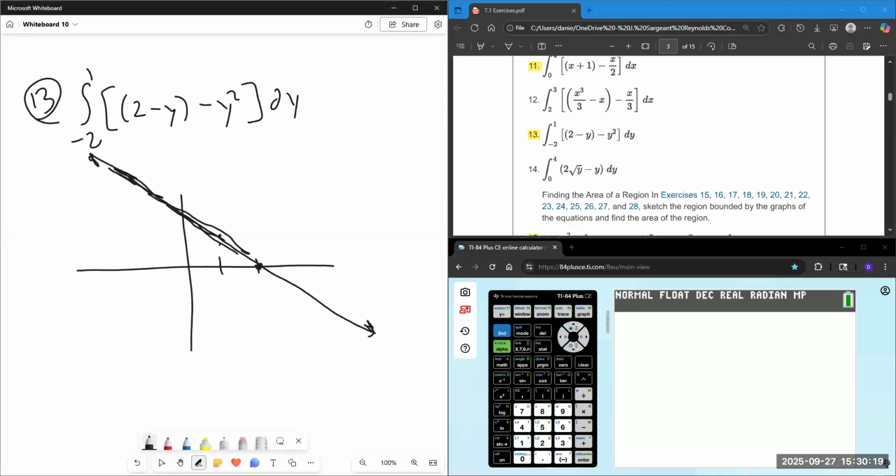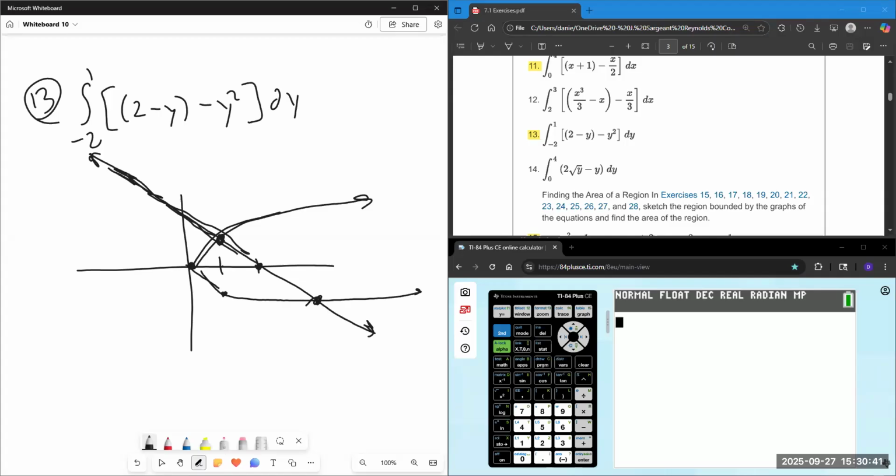This line, and then this is y squared. So this is 1, 1. It's a parabola that opens to the right, -1, -1. I'll tell you where this point is in just a second.